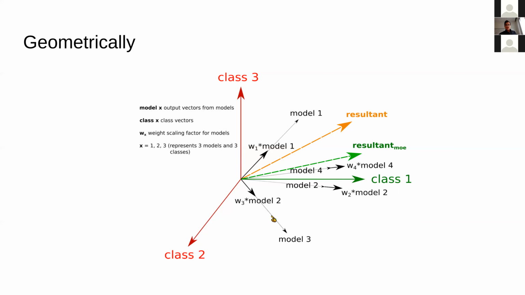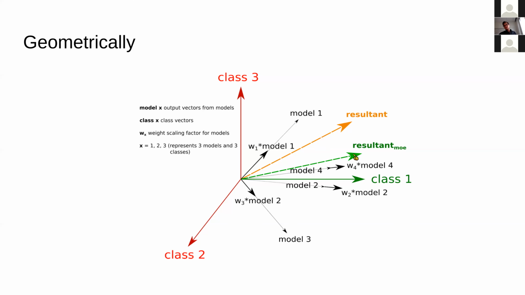However, since the vectors of model 1 and model 3 are far away from the class 1 prediction, the resultant vector in a standard ensemble will be forced to lie somewhere in between class 1 and class 3, because of the negative effect accommodated from the model 1 and model 3 vectors.